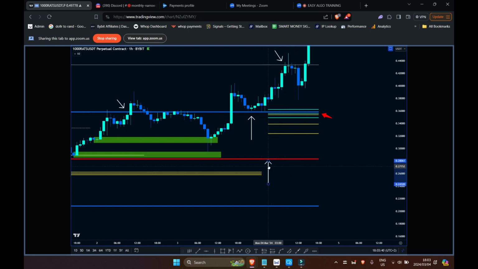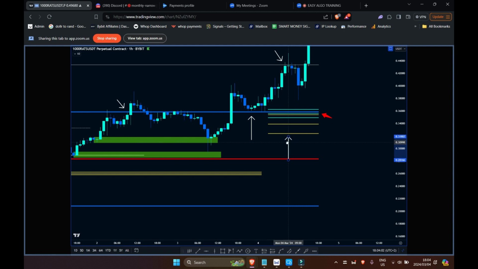So remember, the month supersedes the weekly and the weekly supersedes the daily in terms of strength. So the month is always going to give us a stronger identification of what's happening in the market over the weekly pivot grid. And the weekly is going to give us a stronger identification over the daily pivot grid.